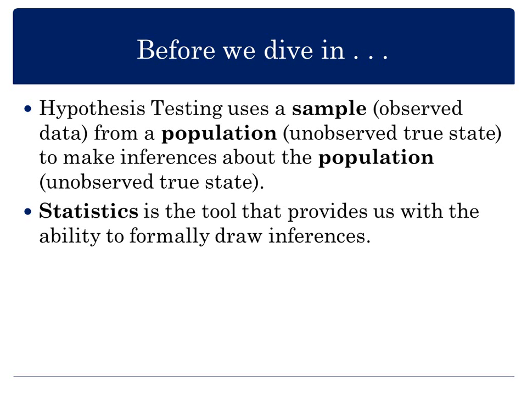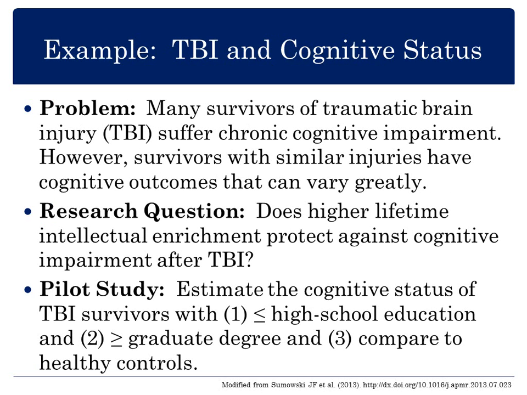In particular, about some characteristic of the population, like what's the mean response of this population if I apply this treatment. Statistics is the tool that provides us with the ability to draw inferences from the sample to the population that's unobserved.